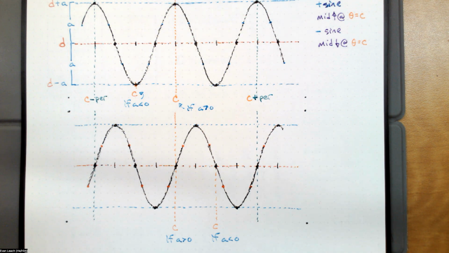This means that depending on what we decide is the starting point, we can describe a sine wave with a sine or a cosine. Moreover, we could do plus or minus cosine or plus or minus sine. There are an infinite number of descriptions for any given sine wave. So good news, we have a lot of ways we can describe a sine wave. Bad news, we have a lot of ways we can describe a sine wave.